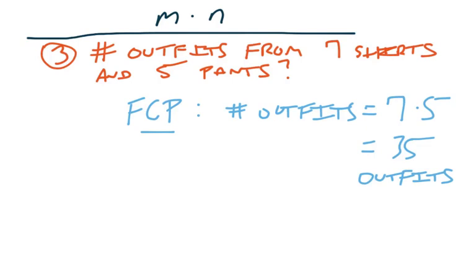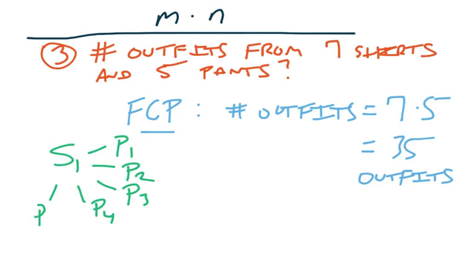Now, of course, you could have written this out using these very fundamental ideas of how we can list these out that we did on the last page. So, for instance, if you had your shirts listed out S1 through S7, then you could have listed out S1 gets paired with pants 1, or pants 2, or pants 3, or pants 4, or pants 5. And then you'd be doing that for all 7 of the different shirts.